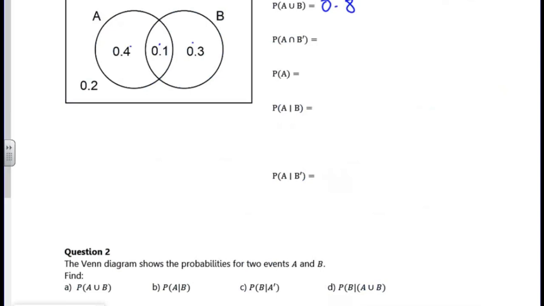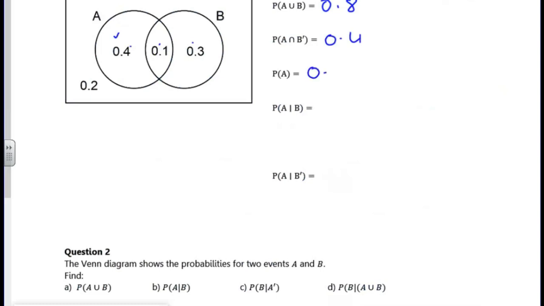A and not B. So A and not B will be 0.4 if you follow the shading, because A is everything inside, B is everything outside of B. Oops, hang on. Go back to that. So that's going to be 0.4. That's the bit there for A and not B.